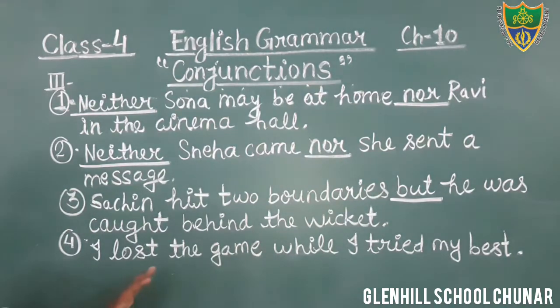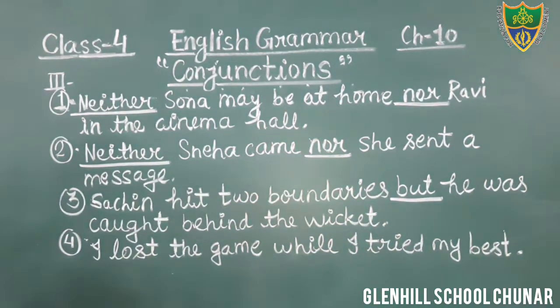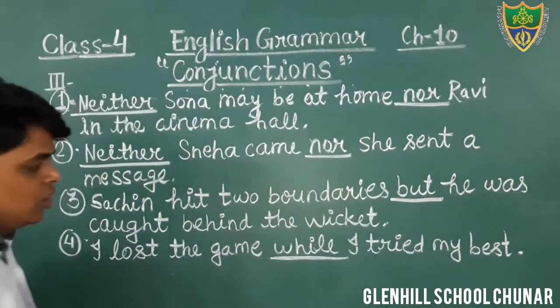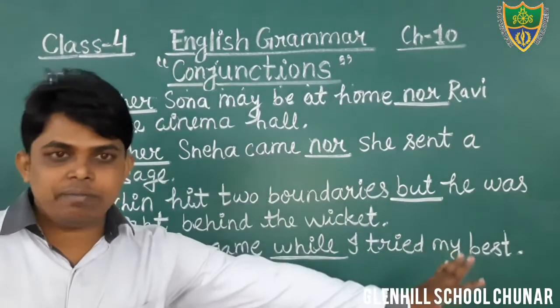I lost the game while I tried my best. Yes, students, we will use the conjunction while to join these 2 sentences. I lost the game while I tried my best.